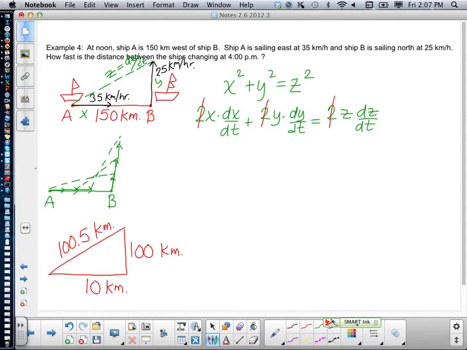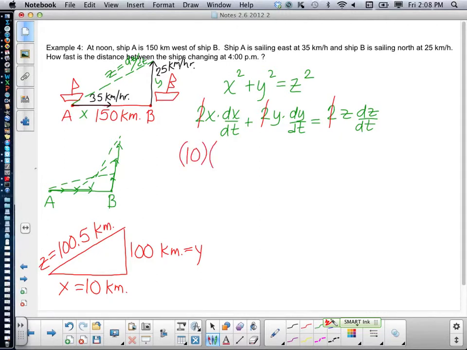Okay? All right, so now I think we have everything we need. We have this x value. This is the y value. We have the z value. We know what dx dt is, that's the rate. And we know what dy dt is, and we're solving for dz dt. So let's just plug in. So x is equal to 10.